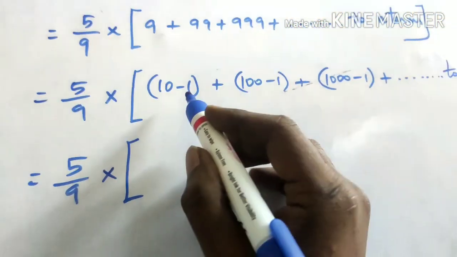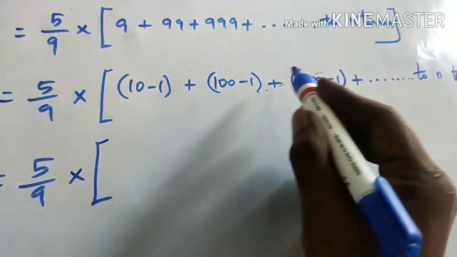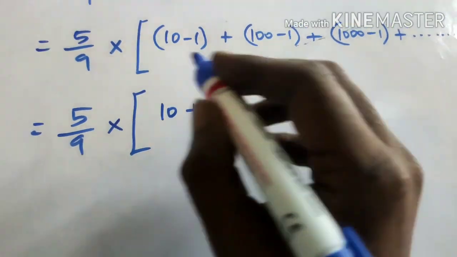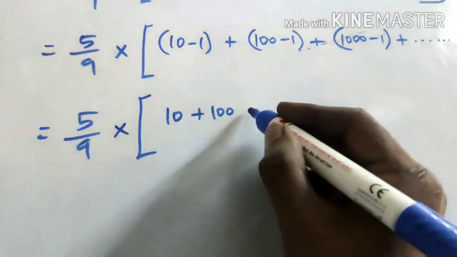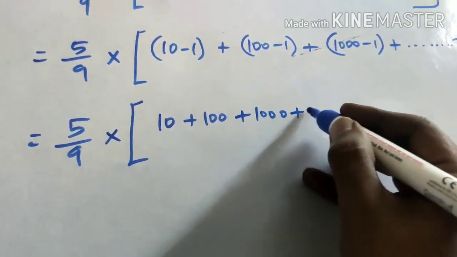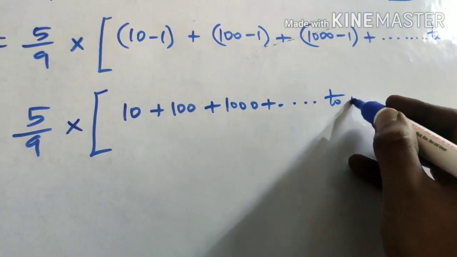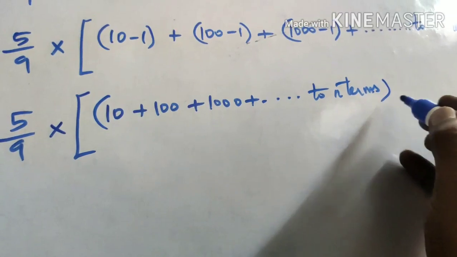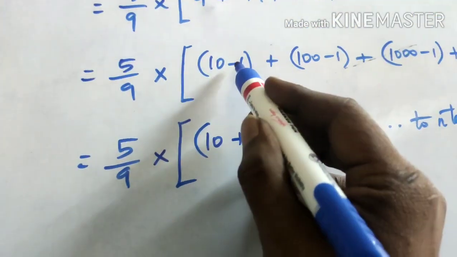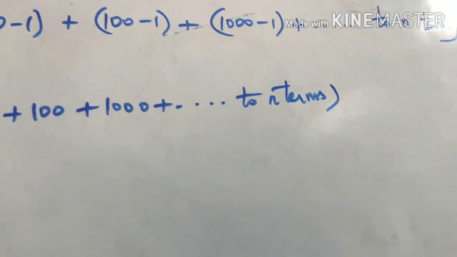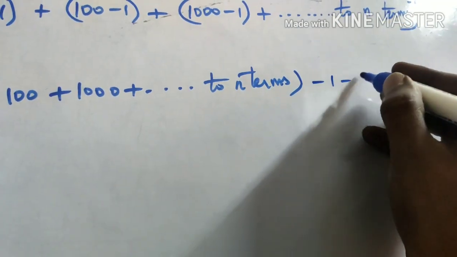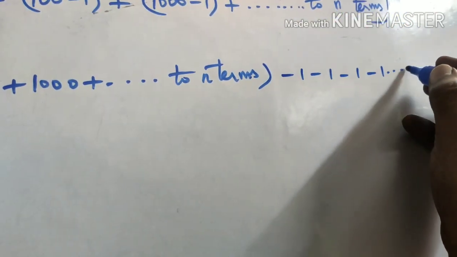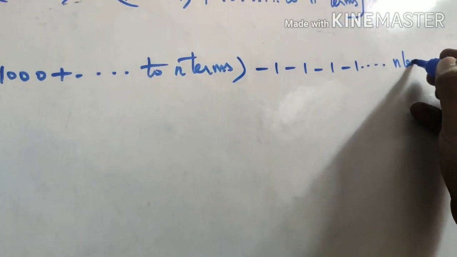I am going to group the numbers, see here, 10 plus 100 plus 1000 plus dot dot to n terms, all these I am grouping. And see here, the remaining numbers are minus 1, minus 1, minus 1, minus 1, and it goes on, till n terms.